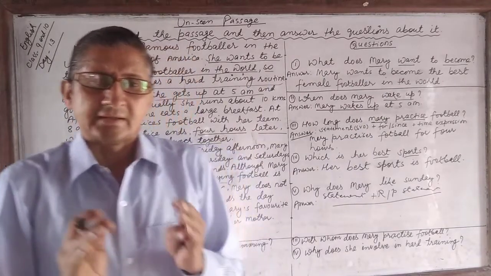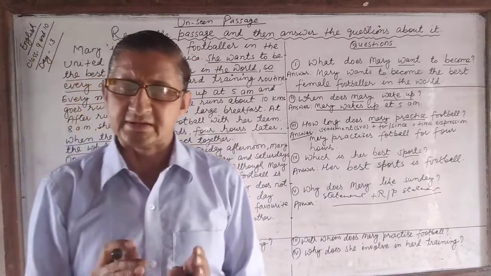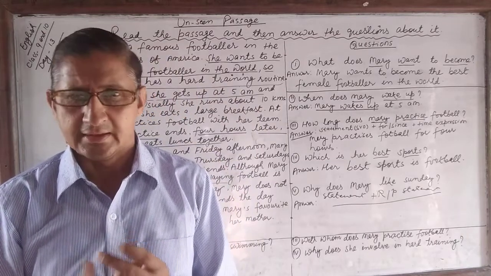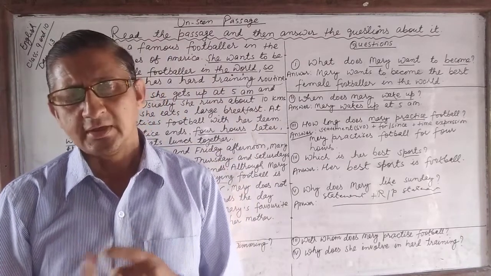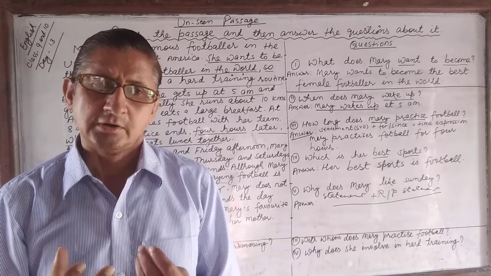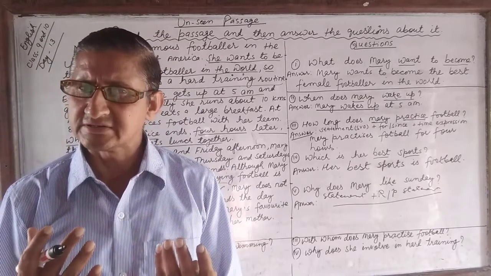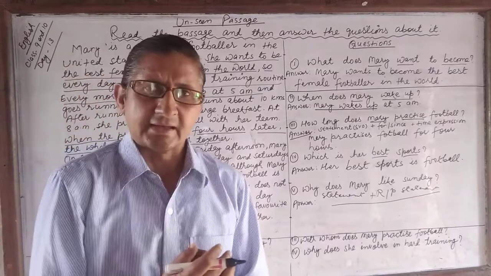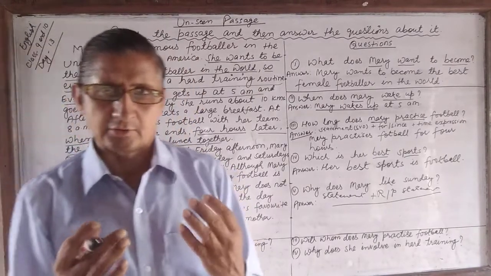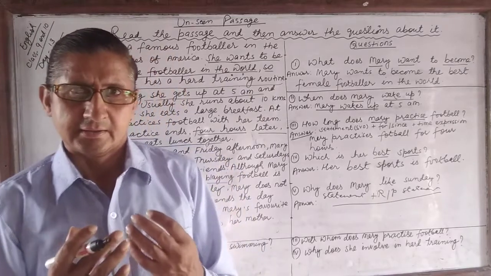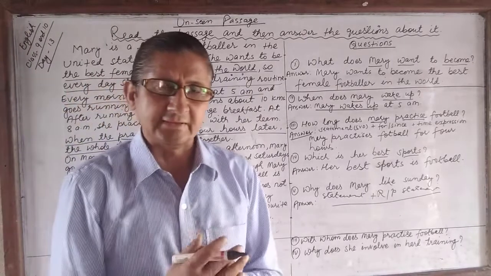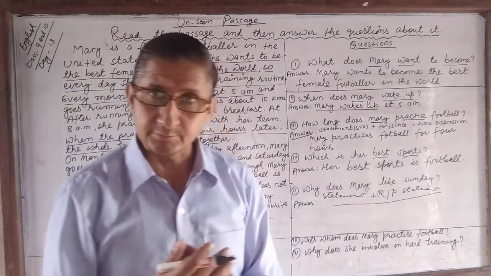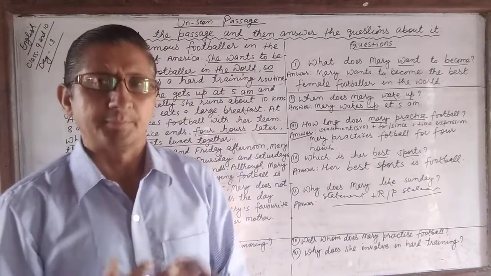And the reason or purpose statement begins with because, as, since, to, in order to, or so that. These are the connectors we use in the reason statement or purpose statement.